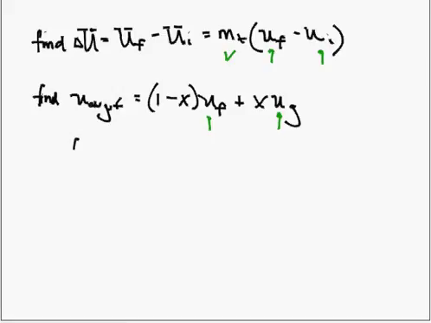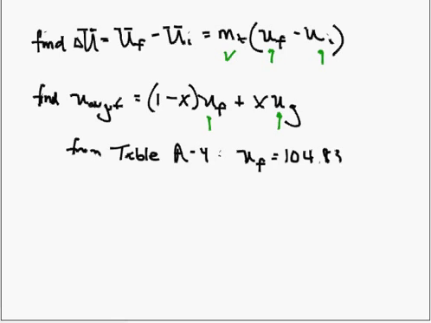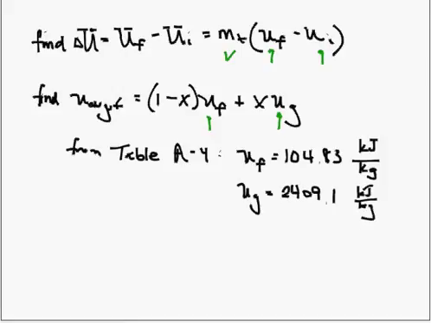So we're going to go back to table A-4, and we're going to find that our specific internal energy for saturated liquid is 104.83 kilojoules per kilogram. Our U for our saturated vapor is 2,409.1 kilojoules per kilogram. And again, these are values found at the final state, so this is the saturated state at 25 degrees C.